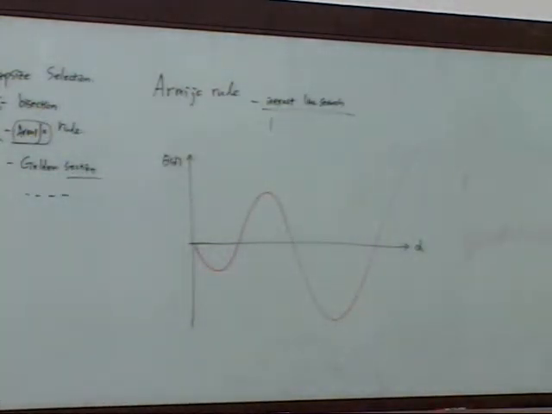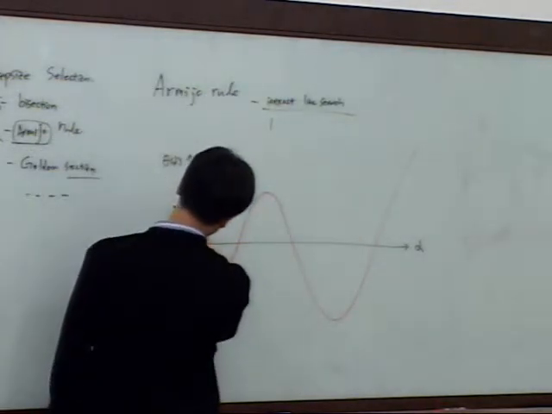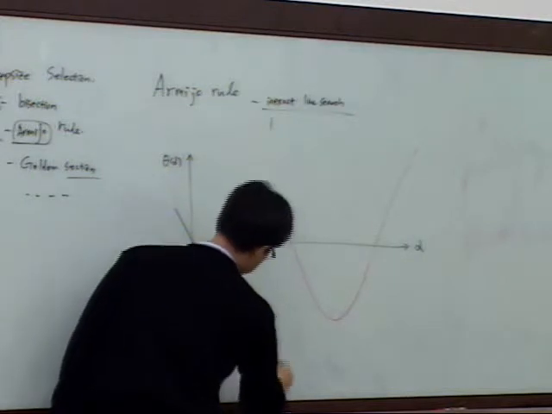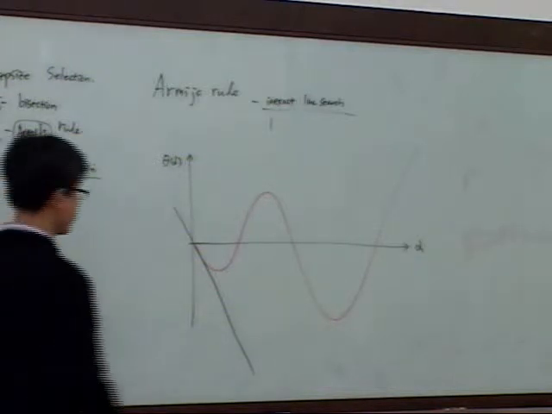And if we draw this one, it's something like that. It's a first order approximation function at alpha equal to 0.